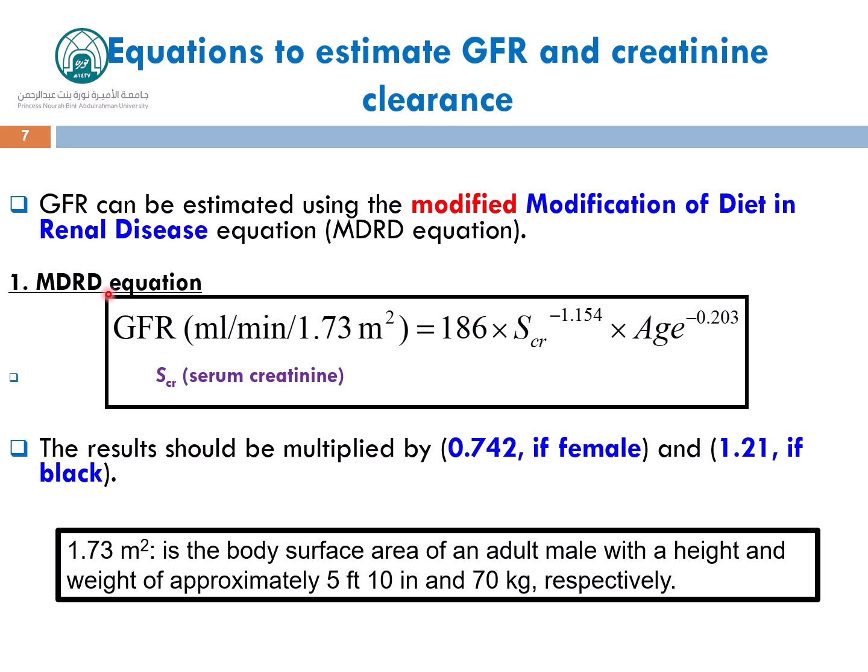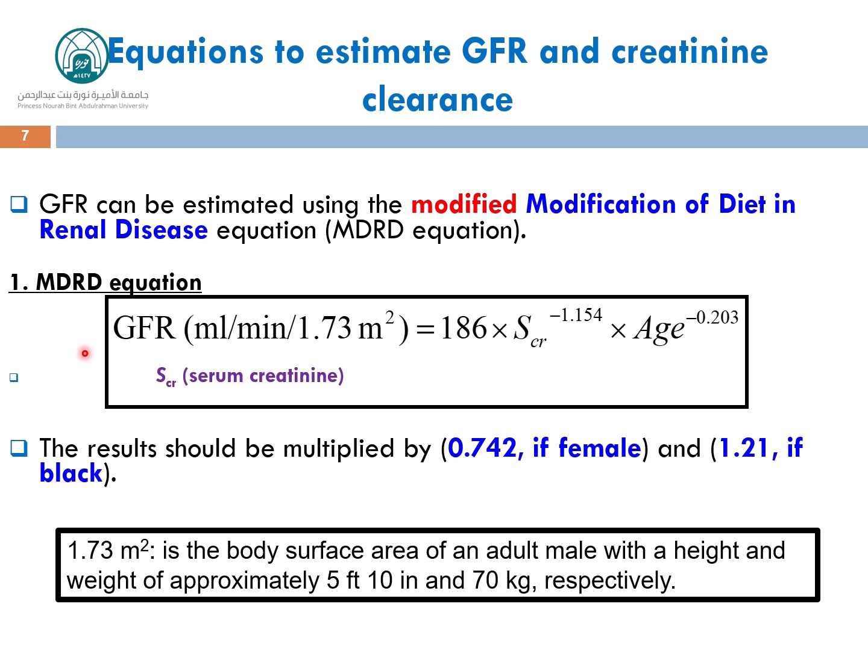Okay. In these five different approaches, we will calculate the GFR value as well as estimate the creatinine clearance value. In the first equation, the MDRD equation, we calculate the GFR as well as the creatinine clearance.